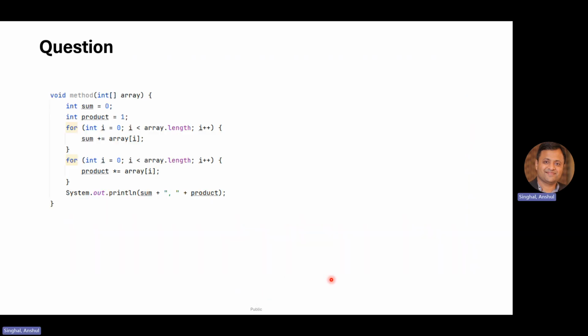So this is the question. We are given a method, and this method accepts an array. Whenever you have to determine its time complexity, first of all, please understand which complexity we have to find, because there are two parallel concepts: one is time complexity and the other is space complexity.